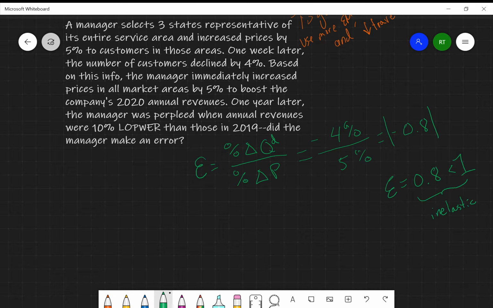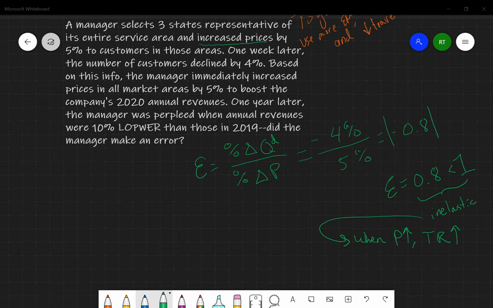And we know from our inelastic rule that decreasing our prices is going to result in a loss in the total revenue. Whereas an increase in the prices, which is what we actually have, when we're in an inelastic range, our total revenue test says that when the price increases in an inelastic range, our total revenue is going to increase.